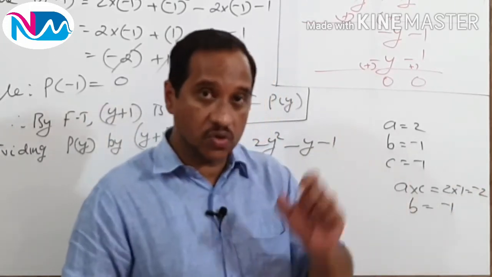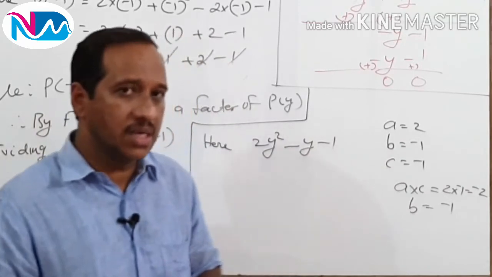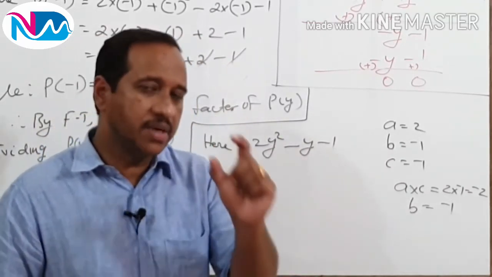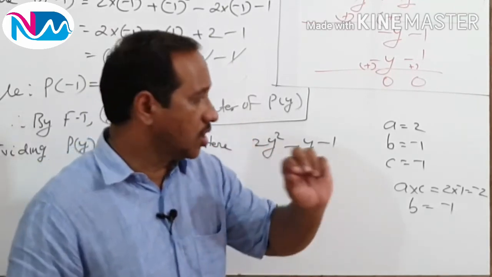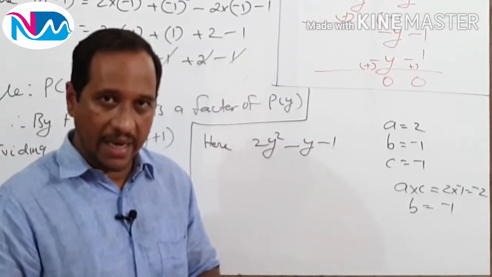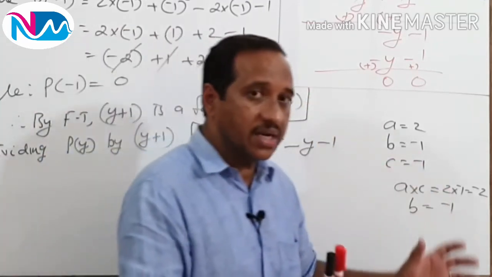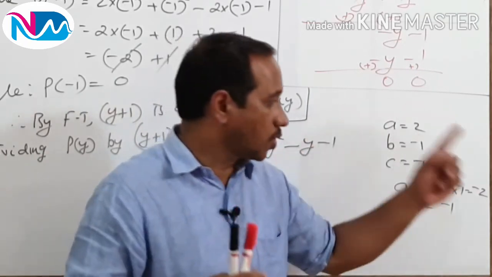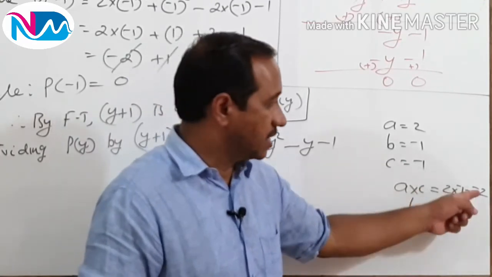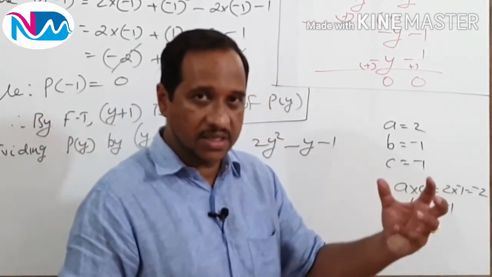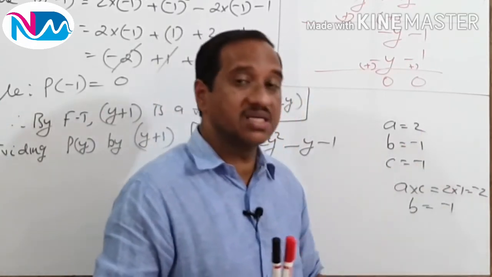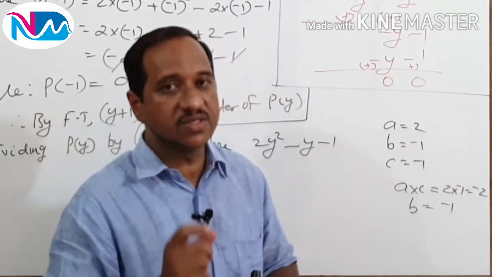This minus sign shows that we have to split the middle term as a difference of two numbers. We have to split the coefficient of the middle term as a difference of two numbers. And here we have to find two numbers whose product is 2 and difference is 1.